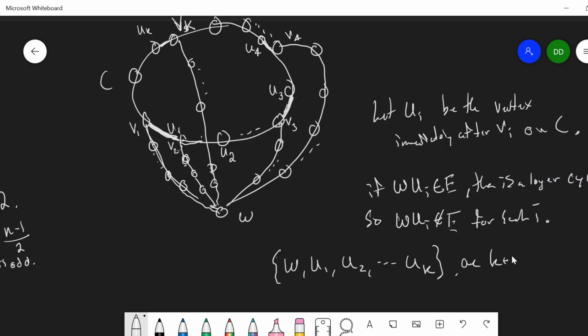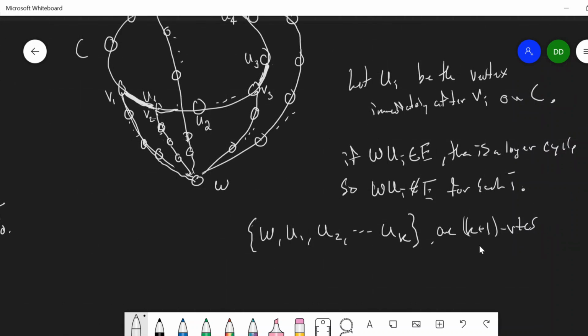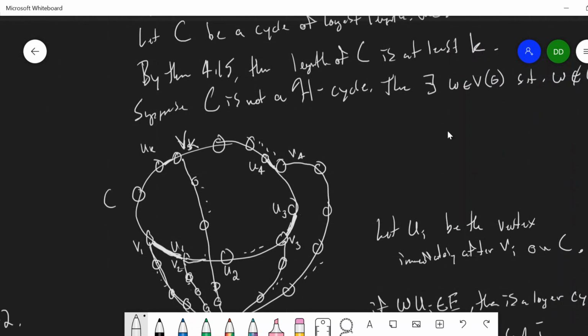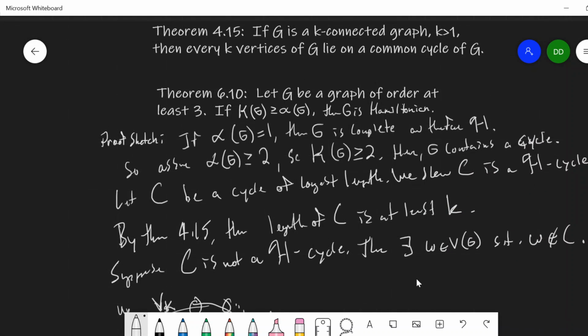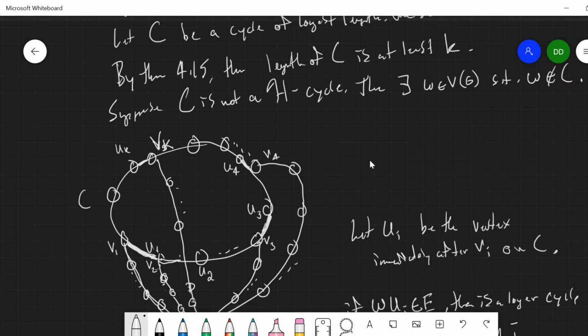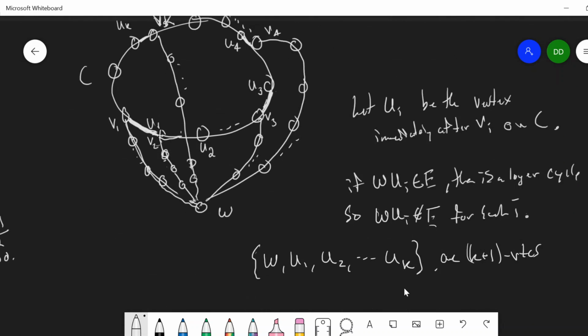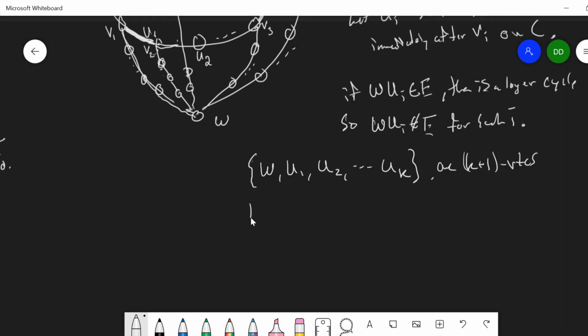These are K plus 1 vertices of G. And I know that the independence number of G is less than or equal to this K. K plus 1 vertices. But the independence number of G is at most K, right? That's the connectivity of the graph.